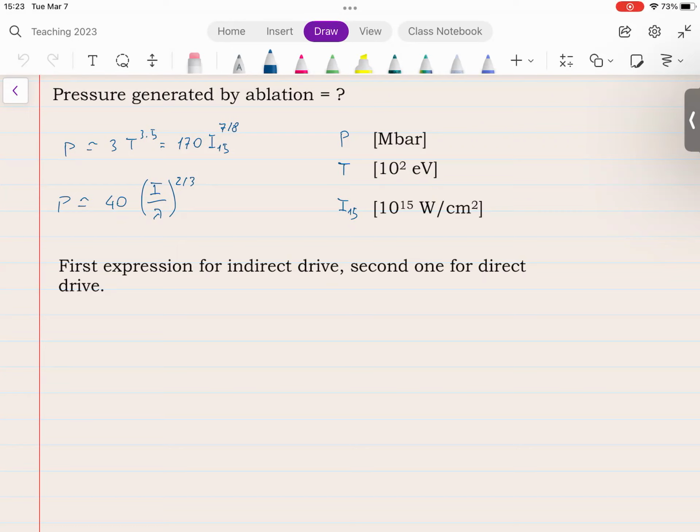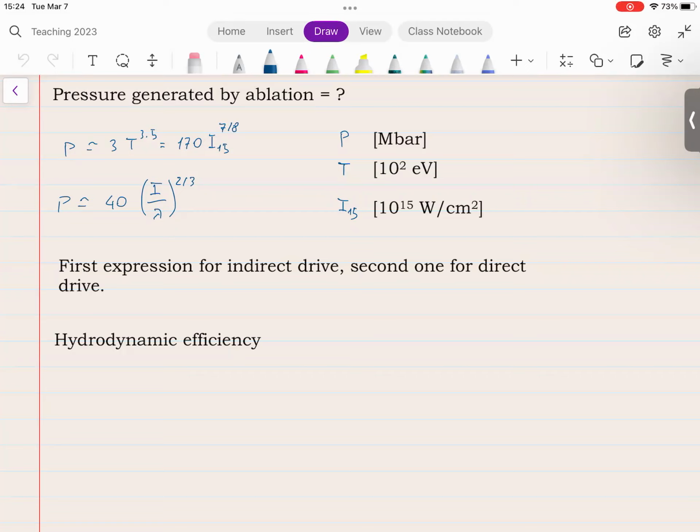That is quantified in a standard way by defining a hydrodynamic efficiency, which is defined as the ratio between the energy that gets used for the implosion and the energy that goes into the ablation process.